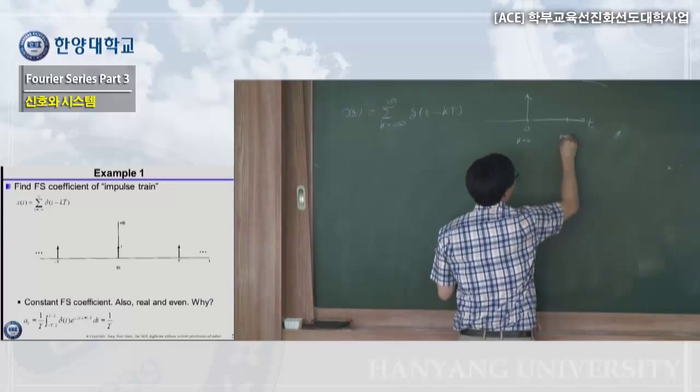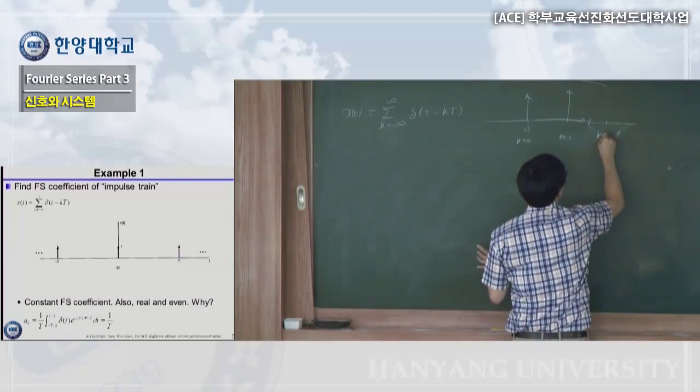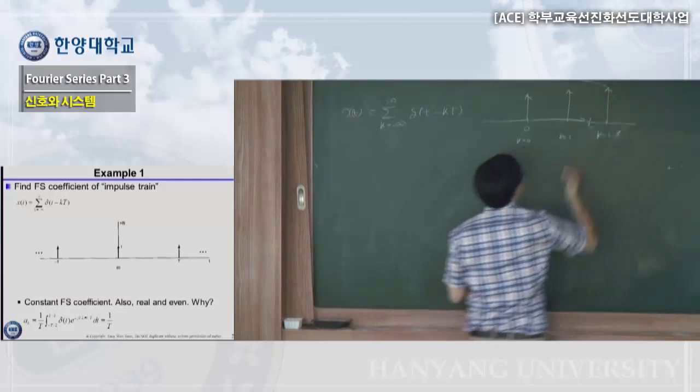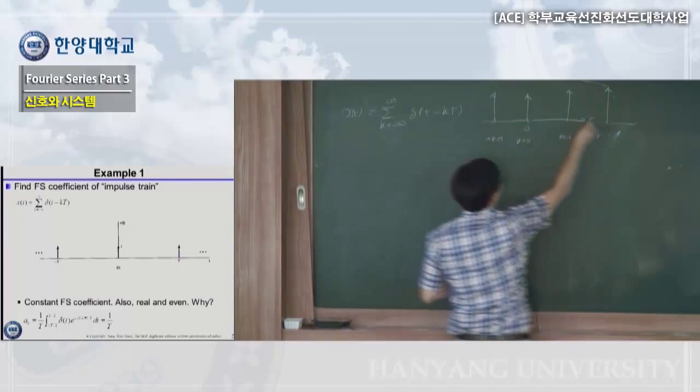When k equals 1, there's one here. When k equals 2, another delta function. When k equals minus 1, there's a delta function too, and so on.